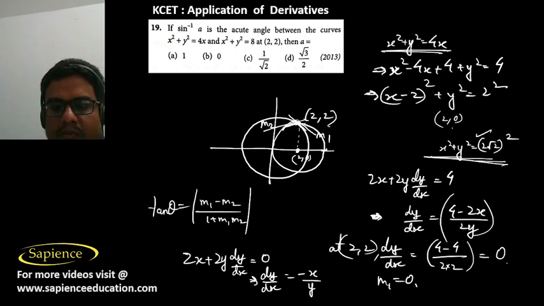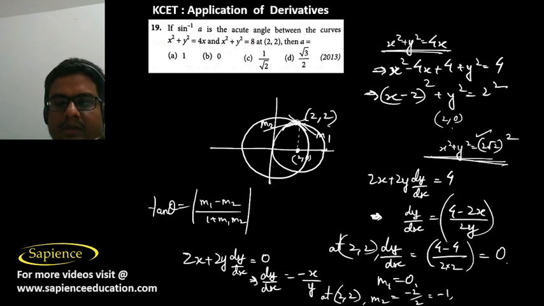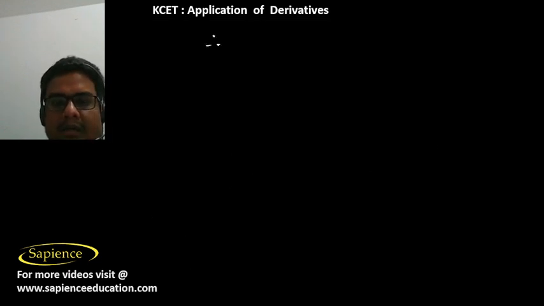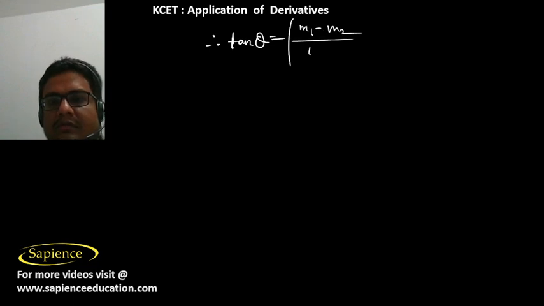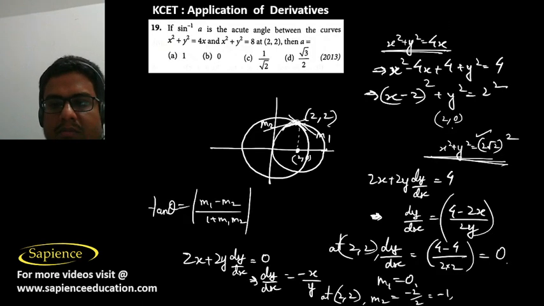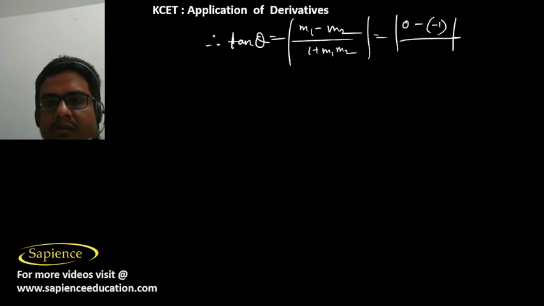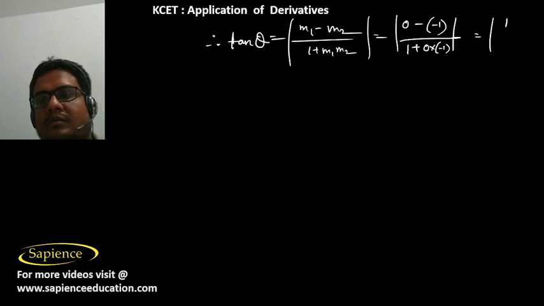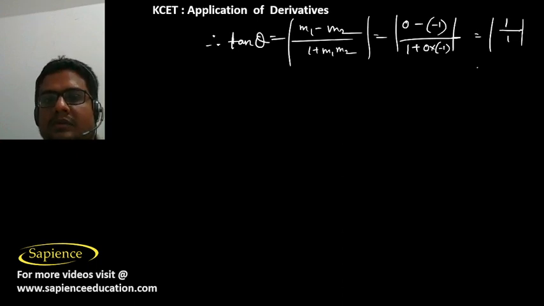So at 2 comma 2, the slope m2 is minus 2 by 2, that is minus 1. Therefore tan theta is equal to mod of (m1 minus m2) by (1 plus m1 m2), that will be equal to mod of (0 minus (minus 1)) divided by (1 plus 0 into minus 1), that is mod 1 by 1. Therefore the angle theta is 45 degrees.